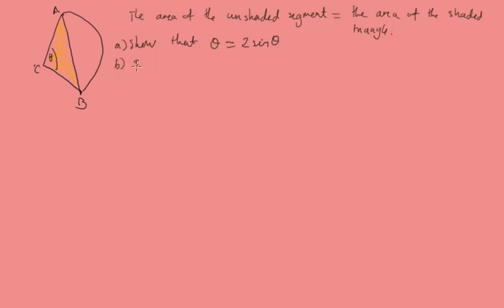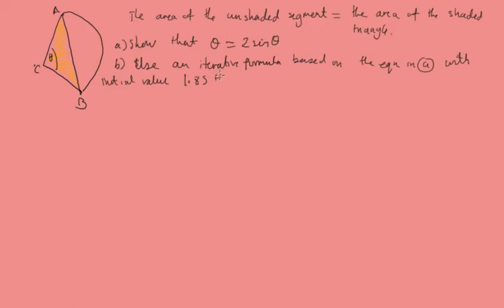Secondly, we want to use an iterative formula based on the equation in A with initial value 1.85 to find theta to three significant figures.